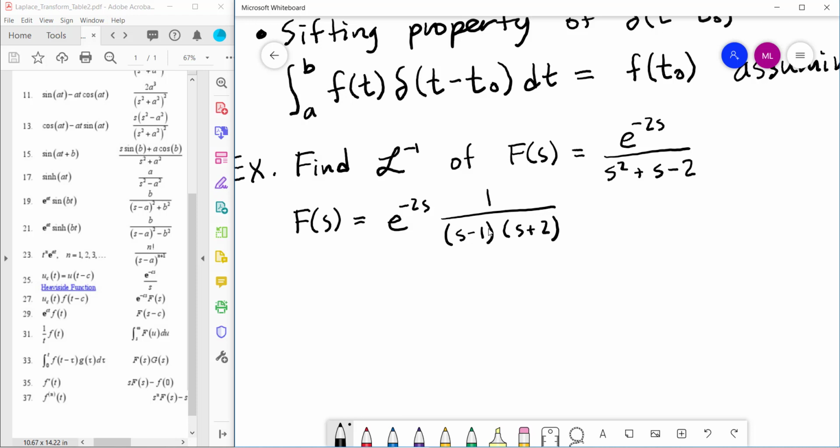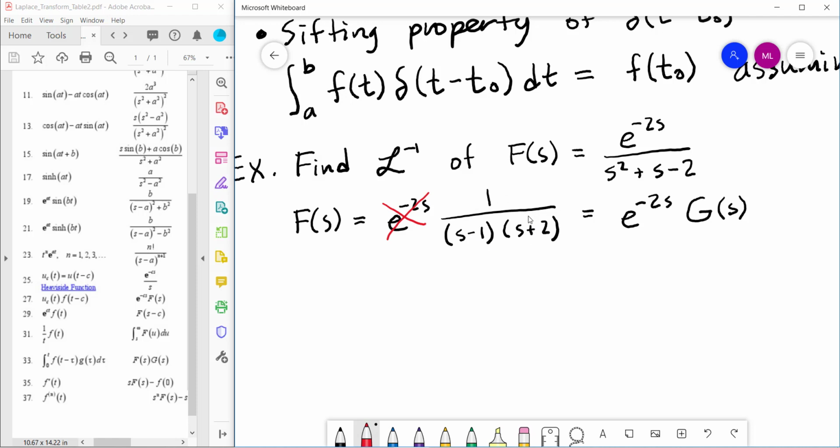And so if you want to, you can think of this as e to the negative 2s times some new function that I'll call capital G of s, because we've already used f. And the point being, there's nothing special about this g. If it weren't for this term sitting here, if this was gone, we would just apply our normal approach to inverse transforming this, right?